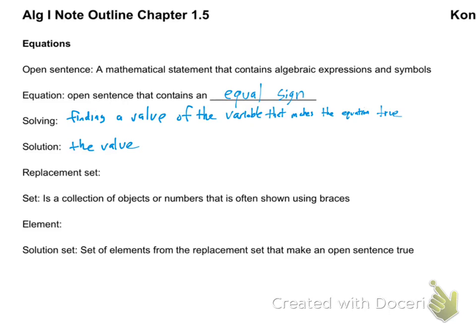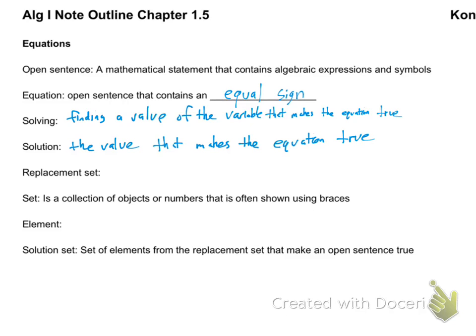How about the value that makes the equation true? So solving it is to find the value. The value that you find is what we call the solution.